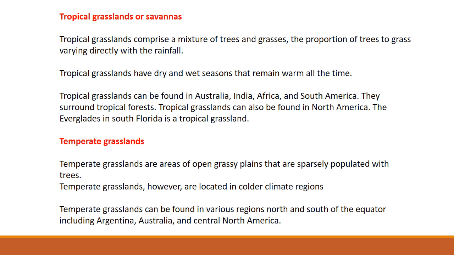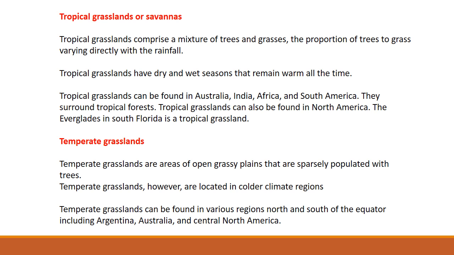Now we will discuss the types of grassland ecosystem. The first type is tropical grassland. They are found near the border of tropical rainforests. They are characterized by high temperature and moderate rainfall. It is also known as the savanna type.